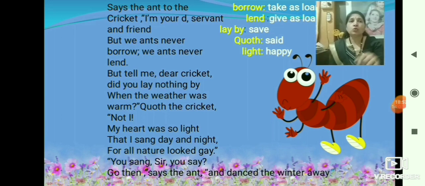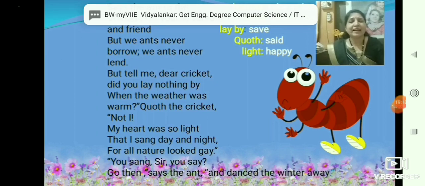Quoth the cricket. Here 'quoth' is also given in the word meanings. Quoth means said. The cricket said, not I. Really, I didn't save anything. My heart was so light that I sang day and night.